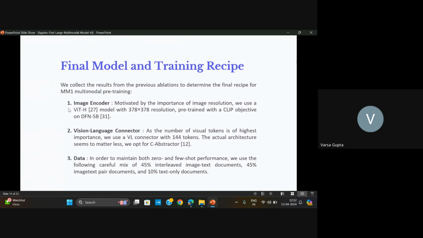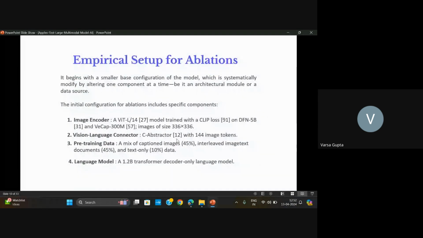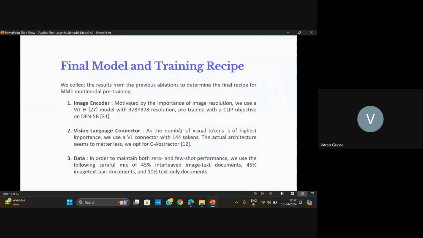Earlier in the base configuration, the image size was 336 by 336. But later it was found that the image resolution is more important, so they increased the image resolution to 378. And again, it is pre-trained with a CLIP objective on the DFN 5 billion dataset.